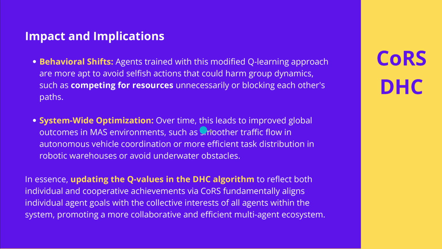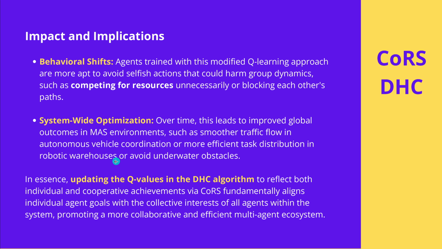System-wide optimization. Over time, this leads to an improved global outcome in multiple agent system environments, such as smoother traffic flow in autonomous vehicle coordination, or a more efficient task distribution in a robotic warehouse, or to avoid simply with multi-sensor underwater obstacles if you go now to a 3-dimensional underwater pathfinding.